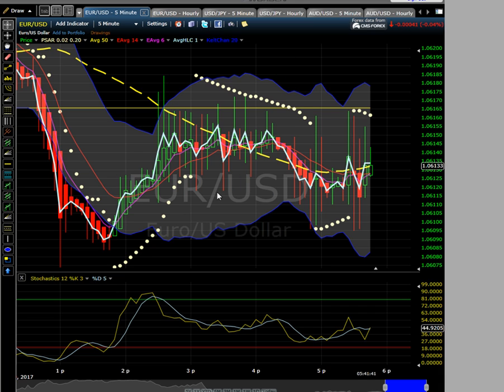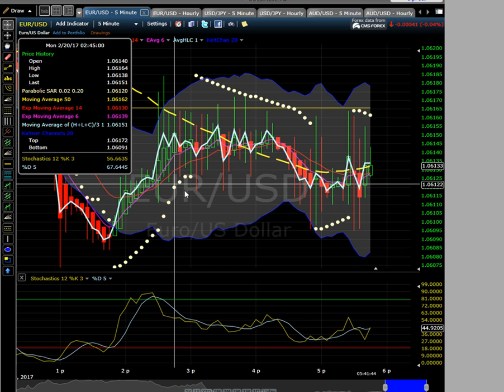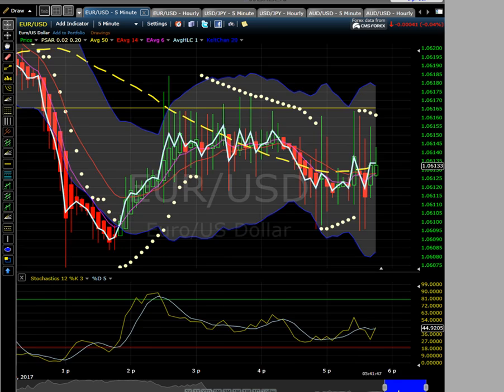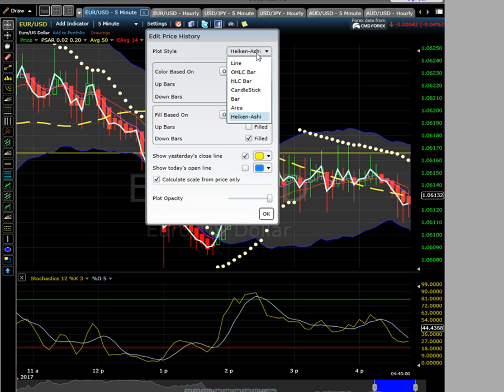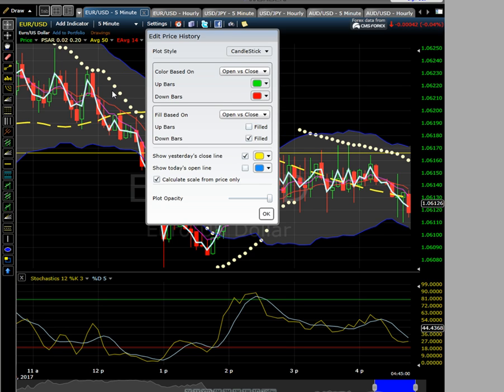The reason is that I felt it's more accurate to the actual price, but also, in Heikin Ashi candles you don't have actual candlestick bars, so you don't really see what the market actually looks like. You only see what it looks like in Heikin Ashi. If I were to change it to candlestick bars, you will notice that the market looks totally different.